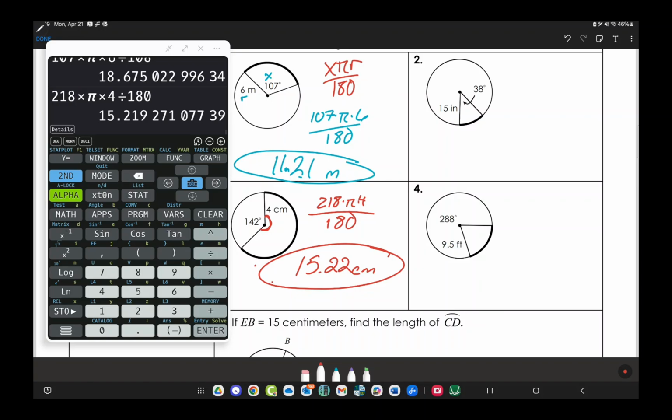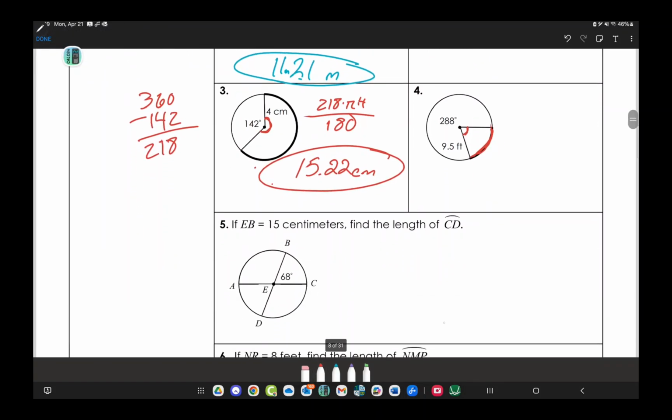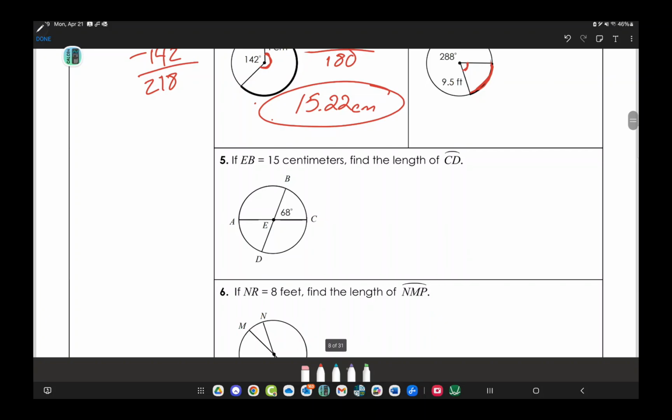All right. Same thing with number 4. It's just they make sure when you're looking at the angle, it's actually the central angle for the arc we're looking for. So we want to find this angle measure. Given that EB, the radius, is 15, find the length of CD.